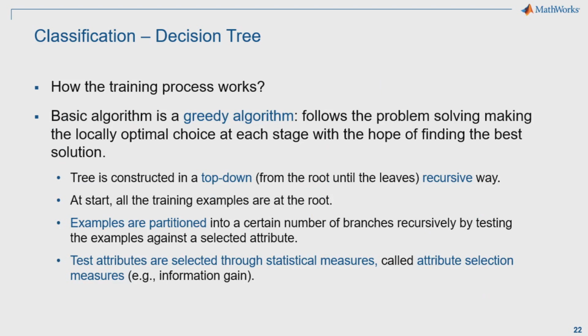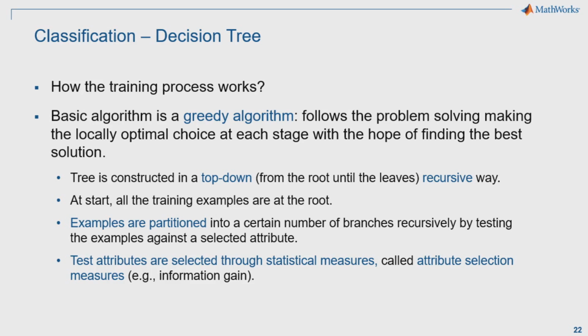The tree is built with an algorithm that in computer science lingo is called greedy, meaning that we build our tree in a top-down manner. We start from the root, and then recursively we go down from the different branches, and we decide to partition the different nodes of the tree based on some attribute selection measures.